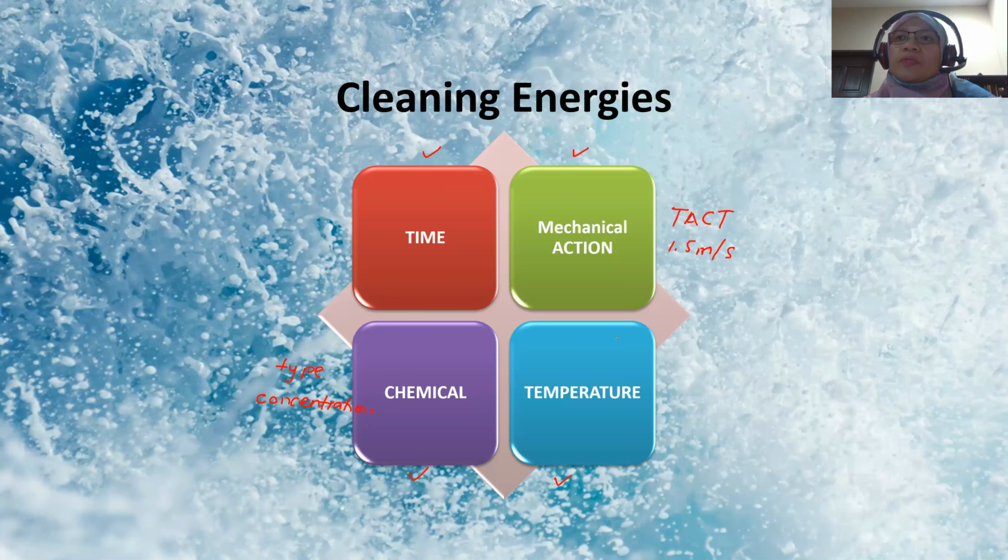The rule of thumb is that for every 10 degrees Celsius of increment, you will double the chemical reaction.